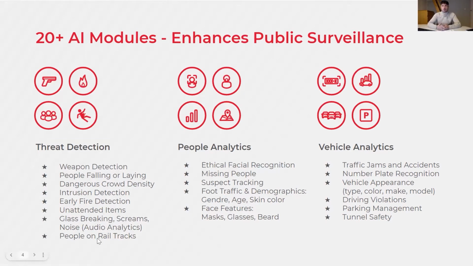So these modules, for example, let's just touch on weapon detection. If an individual appears under surveillance with a weapon, depending on the location of that camera, depending which city that's in, it can trigger an alert to either a specific individual or a specific department.